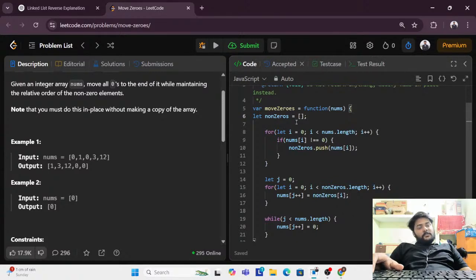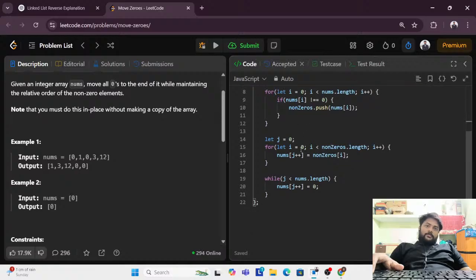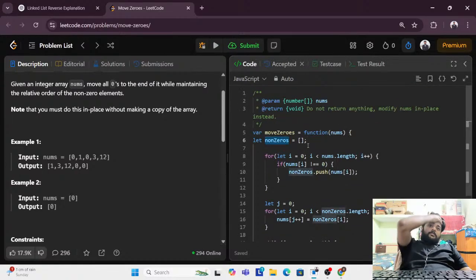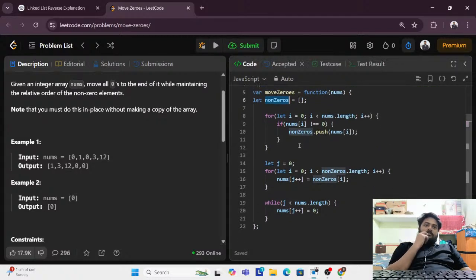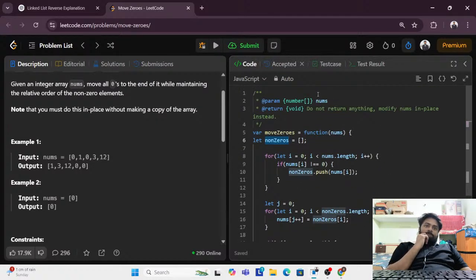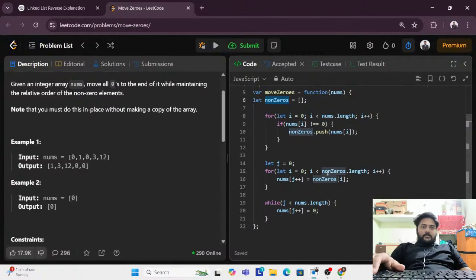Using extra space could also mean that I store the non-zeros and zeros in two separate arrays and then combine them in a single other array, and the resulting array cannot be returned. So this is what I was thinking. But yes, we can definitely use it, but we cannot return it. Instead, we are only doing the in-place method actually.